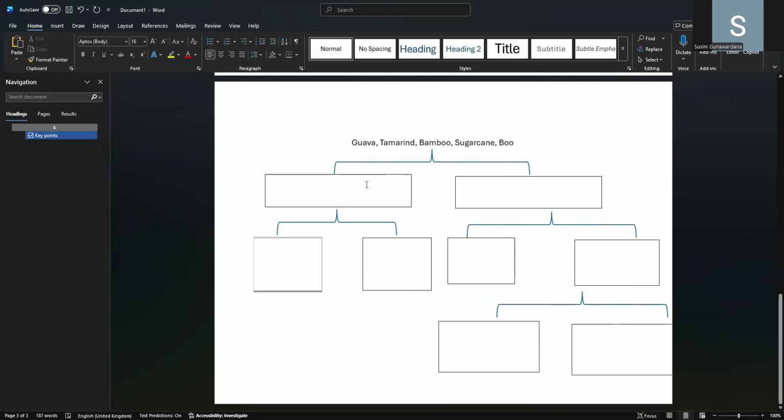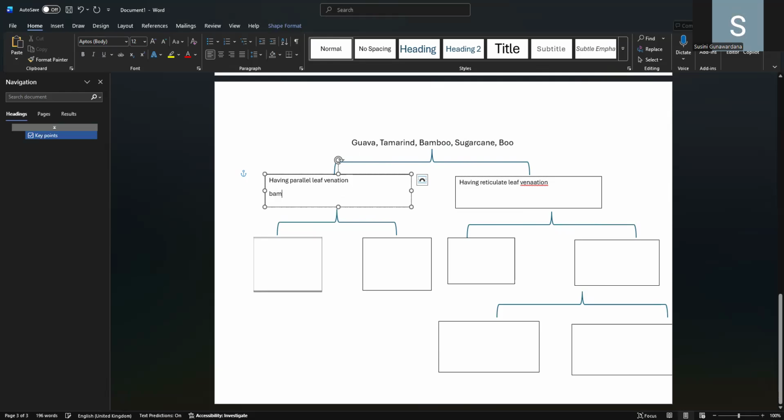Okay, we'll see how you can divide this one. Again, I'm taking having parallel leaf venation. And here you can take don't have parallel leaf venation, having reticulate leaf venation. So what are the examples which have parallel leaf venation?